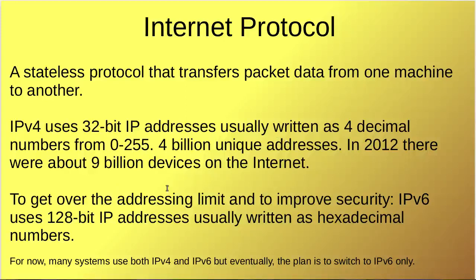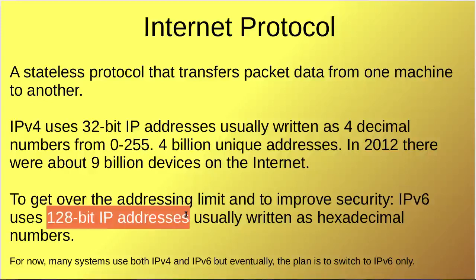Another way to get over this addressing limit and also to improve security is to use the new standard, which is IPv6. This uses 128-bit IP addresses. If you calculate 2 to the 128, that is a huge number, so it's very unlikely that we will exhaust the number of IPv6 addresses.